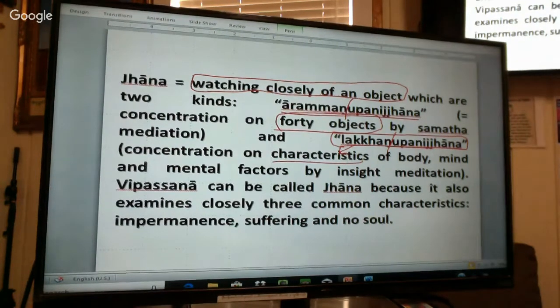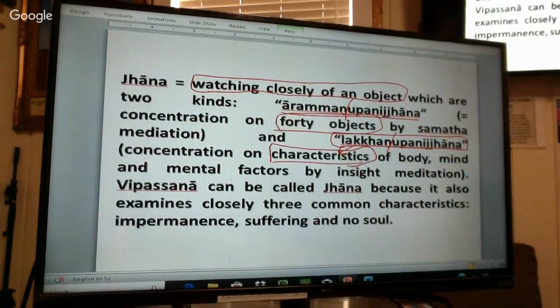Here, lakkhana means these characteristics. When you practice vipassana, the object is a characteristic of the body, the mind, or the manifest. So one of them is our vipassana meditation object.